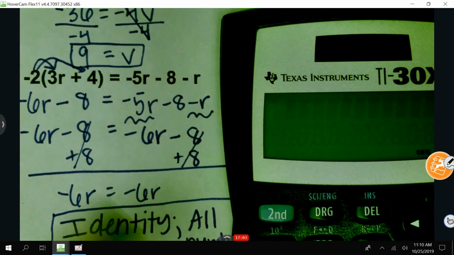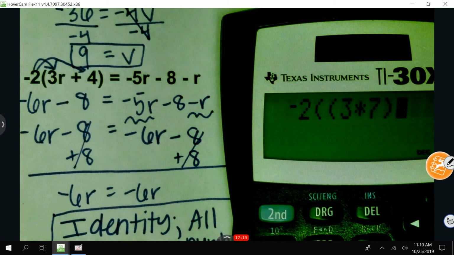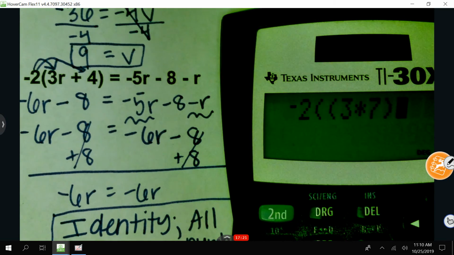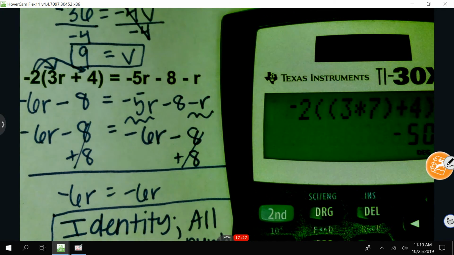So if I plug in 7, that means I would have negative 2 times, I'm going to do another parentheses, 3 times 7, so that I know to multiply 3 times 7 first, and then once it does that, plus 4. So that's why I did 2 parentheses. Okay. So that gives me negative 50.